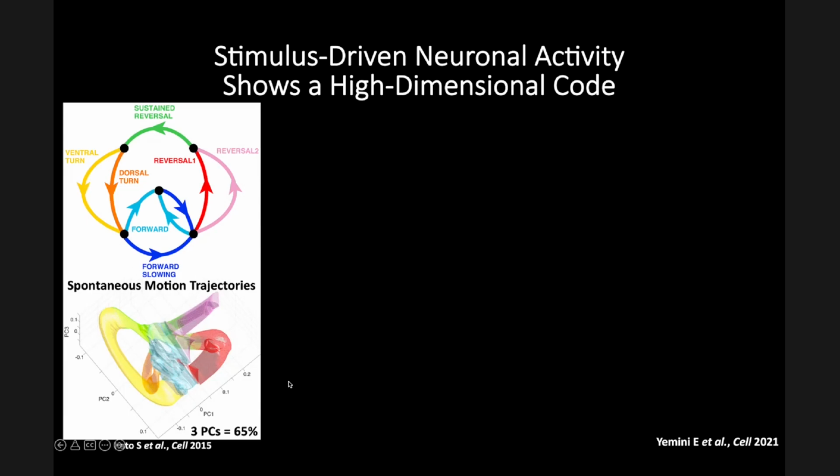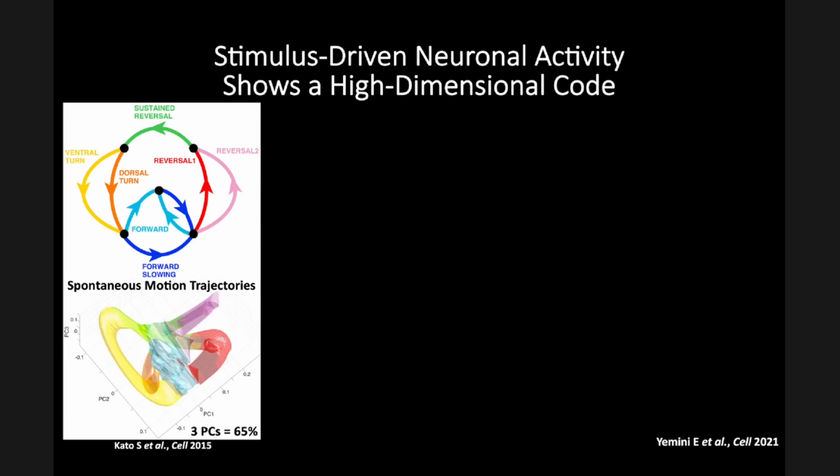And here what we found is that all these neurons in the head of the worm have a very low dimensional representation. In fact, three principal components, or three low dimensional components, basically account for 65% of the variability between different neurons.